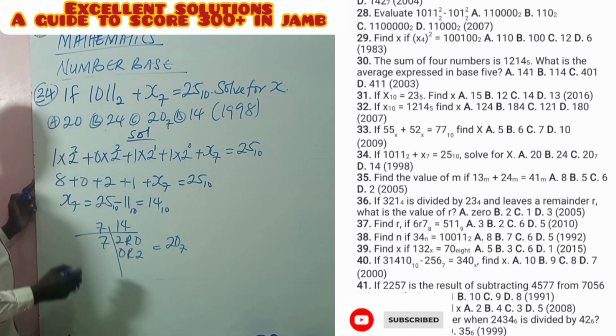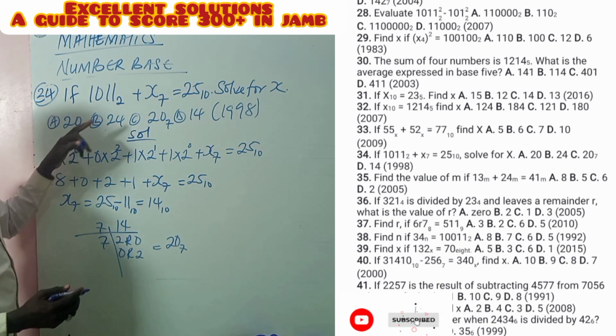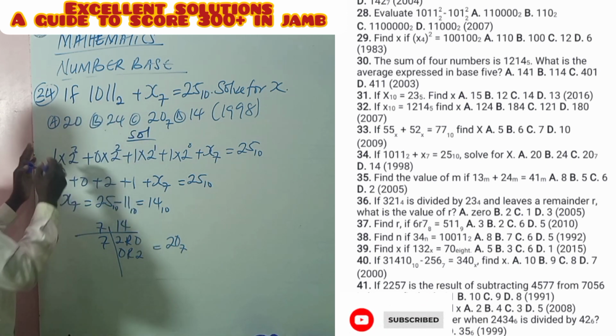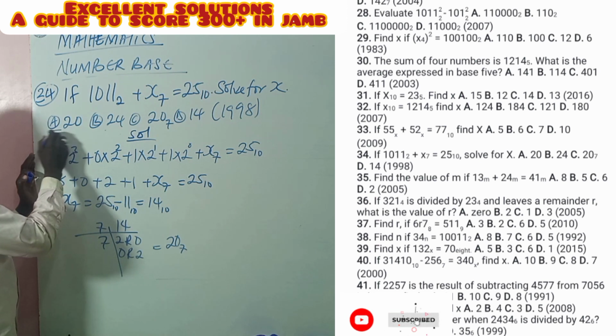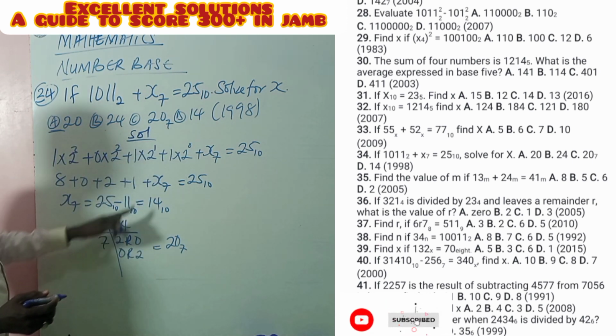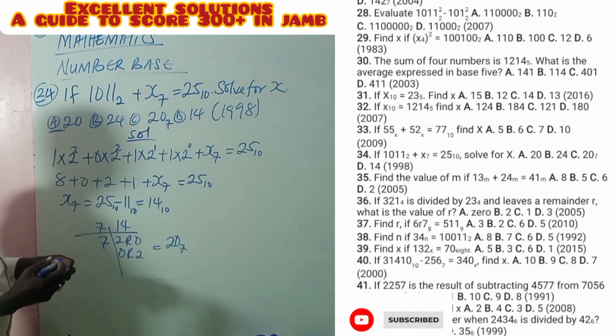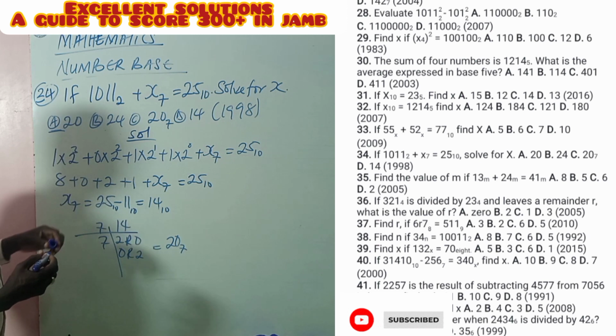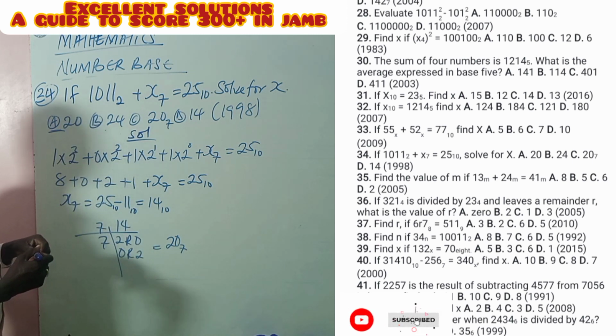So if we look at our option, it says solve for x. So x is the same as 20. So the answer is A. Because we cannot take this base 7, it is only to solve for x since the base is given. So x is equal to 20. The answer is option A.